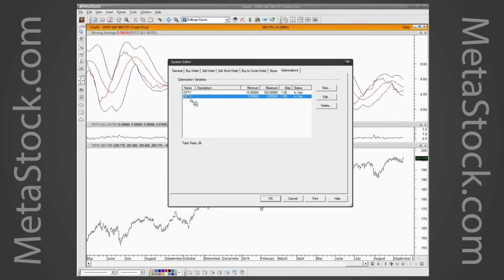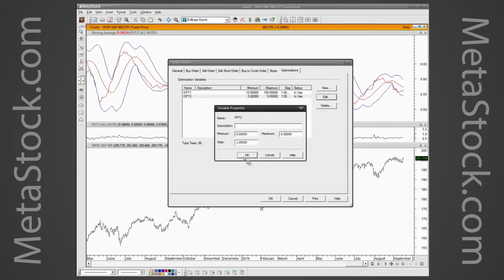Go over to our optimizations tab, and we now see that we have OPT2 listed there, so we'll edit that. We'll make a minimum of that 1 and then say a maximum of 2.5. And we're going to do our step on that as 0.1.